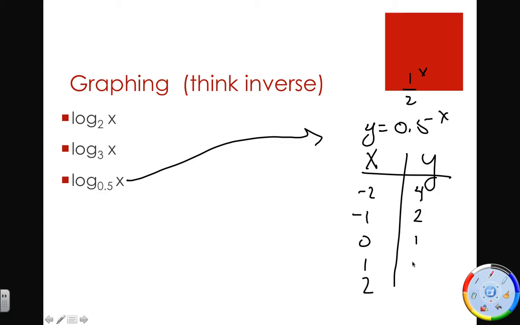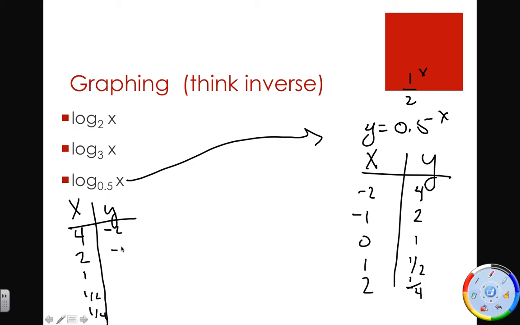This is a 2, a 1, a 1/2, and a 1/4. And we're just going to do the same thing as before. We're going to swap x and y. So 4, 2, 1, 1/2, 1/4, and -2, -1, 0, 1, and 2.